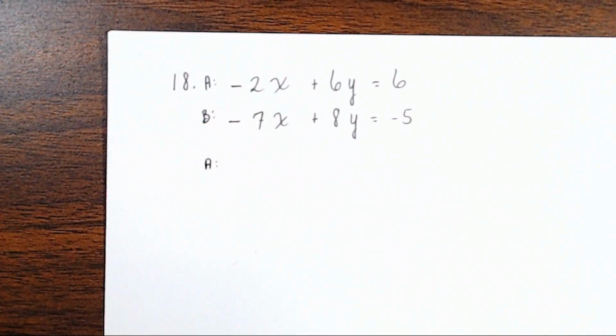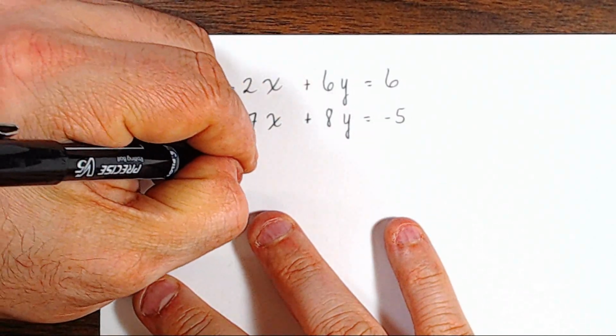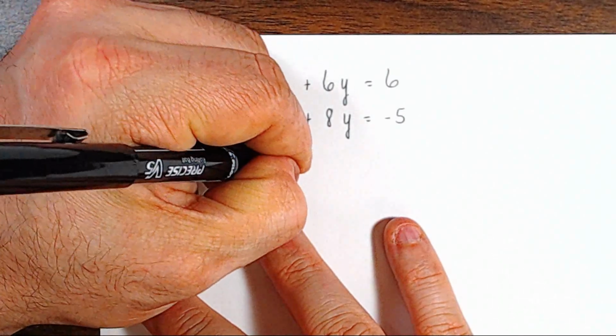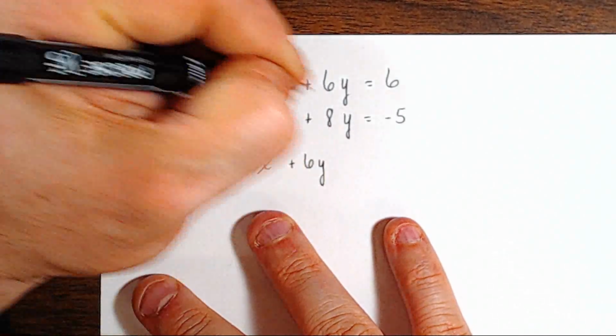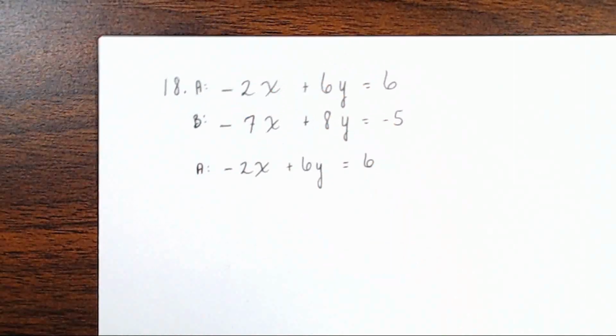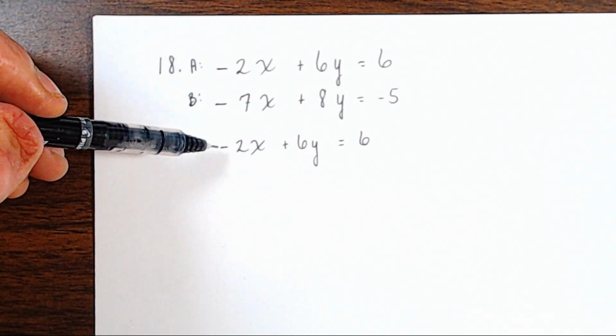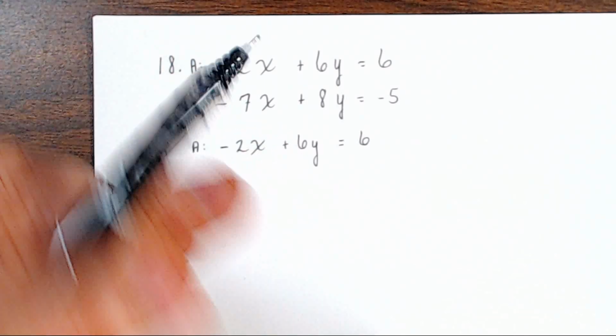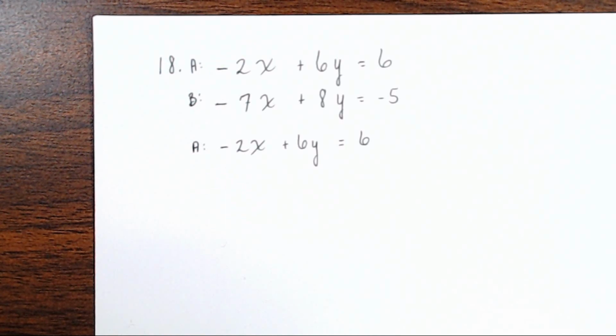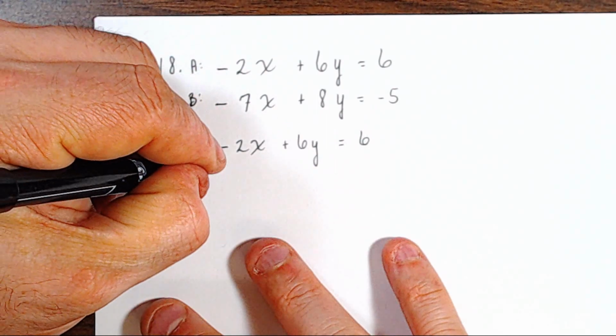I'll write down negative 2x plus 6y equals 6. Now I want this in y equals form. So what would I do? Right now, negative 2x is added to 6y. I want y by itself. I would add 2x to both sides.